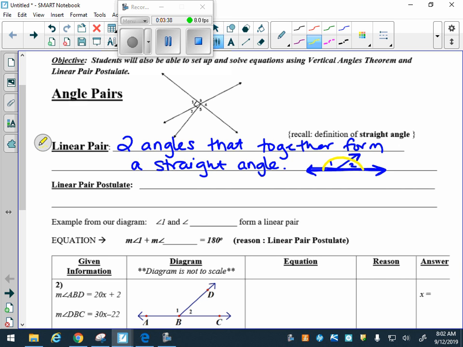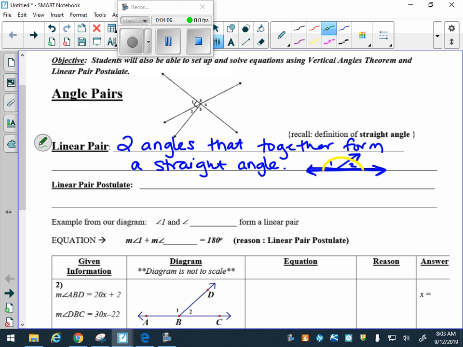Then we have the linear pair postulate. And the postulate is going to give some like property of linear pairs. And so a linear pair, we know, adds up to 180 degrees. We kind of just know that. But notice that it does not say that in the definition. We need the postulate to state that.